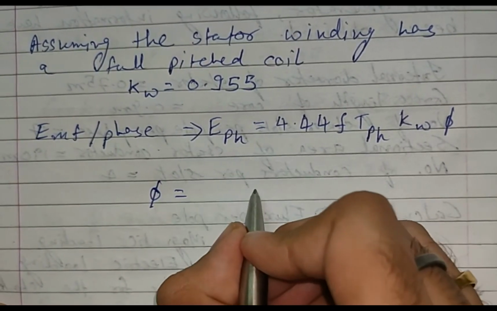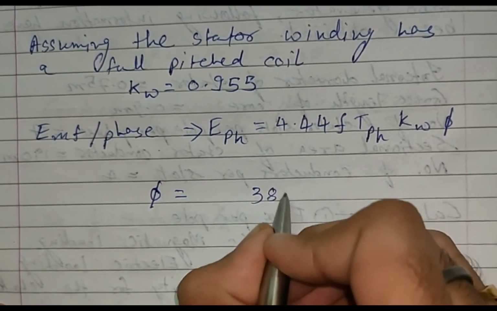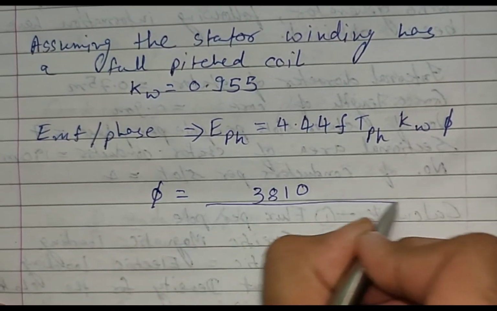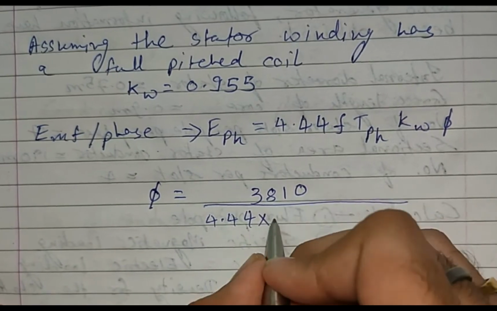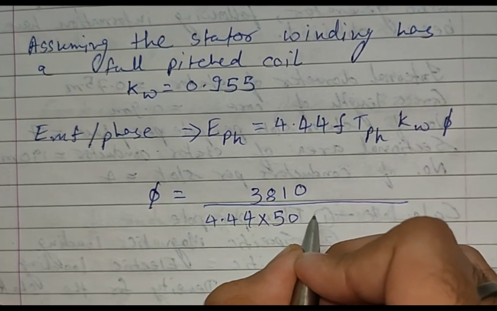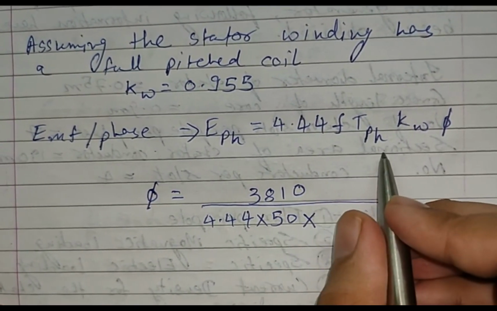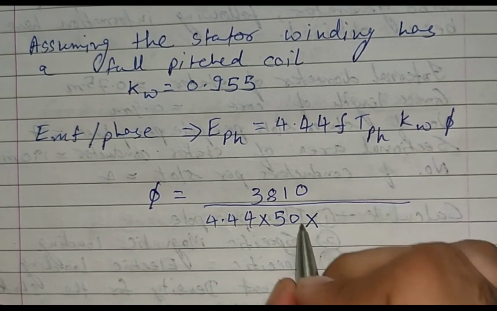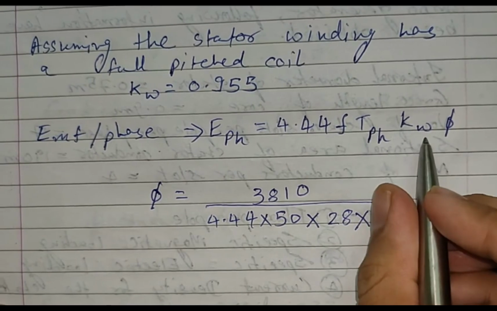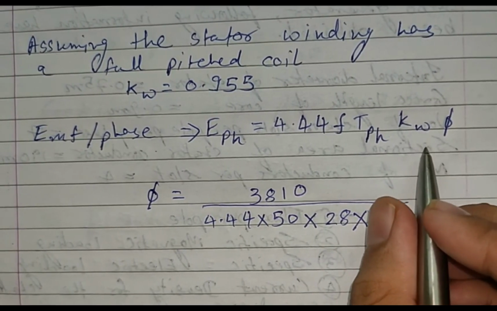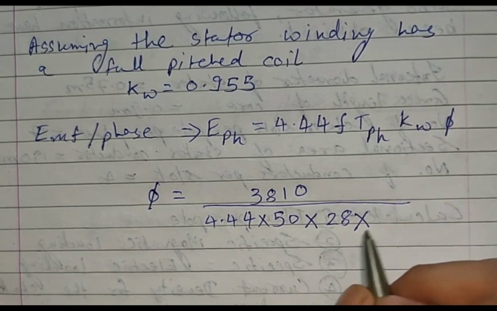The value of EPH, as we have found out, is 3810 volts divided by 4.44 multiplied by F. The value is 50 multiplied by TPH, as we have calculated. The value is 28 multiplied by kW, as we have assumed that the stator winding is a full pitched coil.